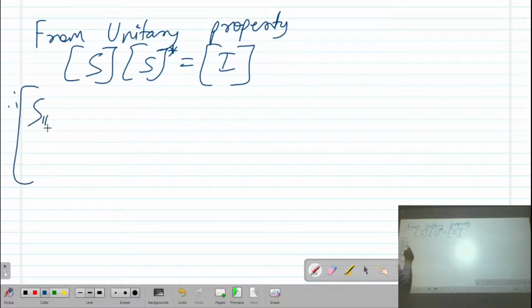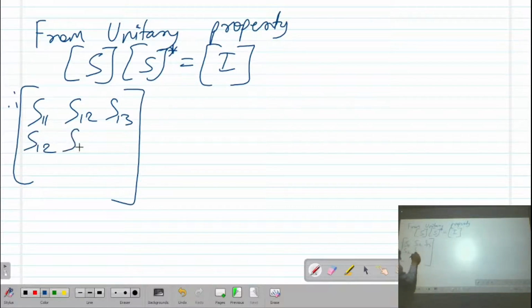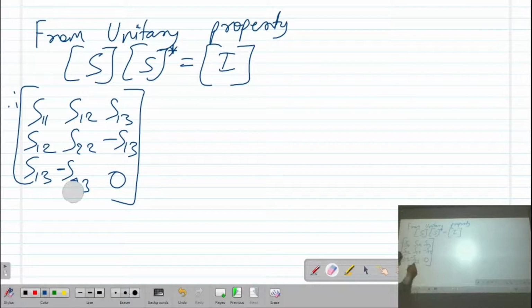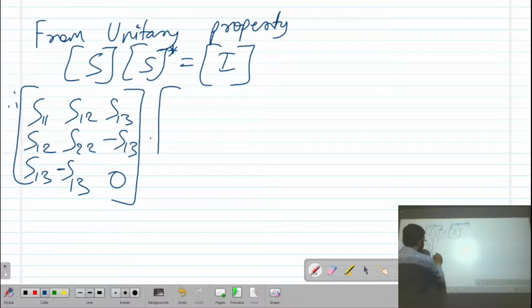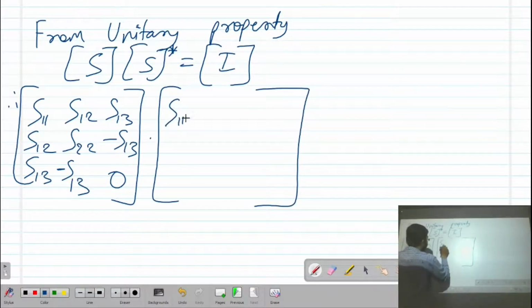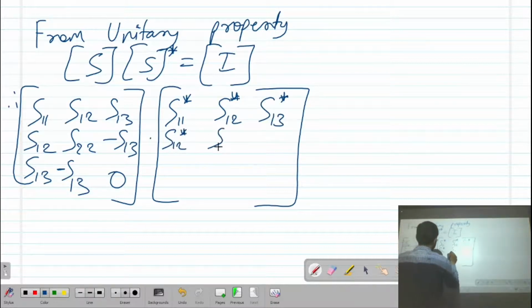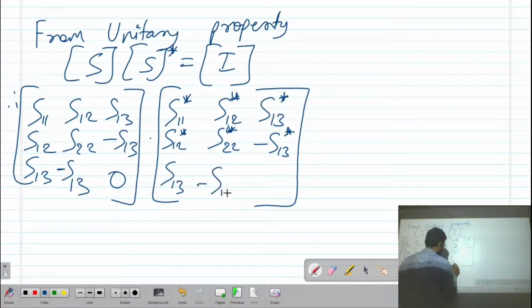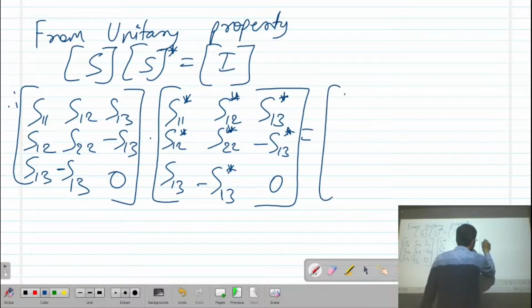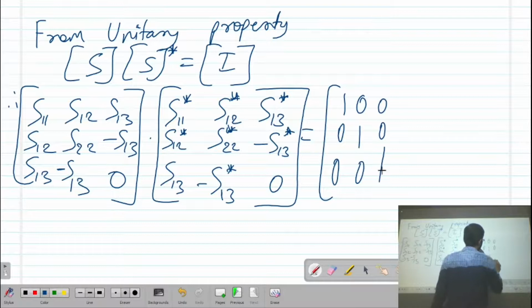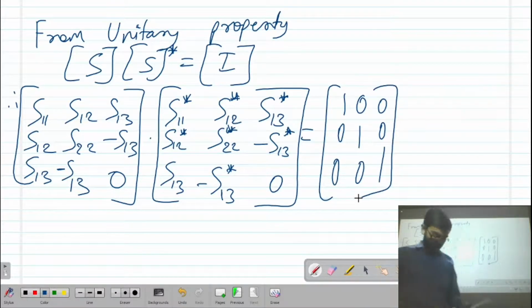That is, we will have the scattering matrix S11, S12, S13; S12, S22, minus S13; S13, minus S13, and 0, multiplied by the conjugate matrix S11 star, S12 star, S13 star; S12 star, S22 star, minus S13 star; S13 star, minus S13 star, and 0, is equal to 1 0 0, 0 1 0, 0 0 1, which is the identity matrix.